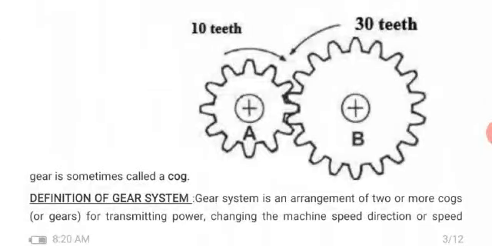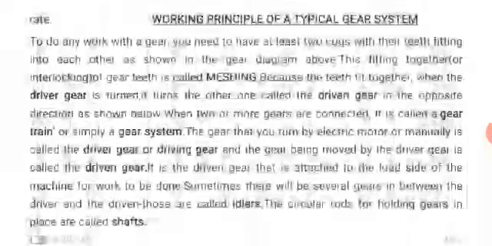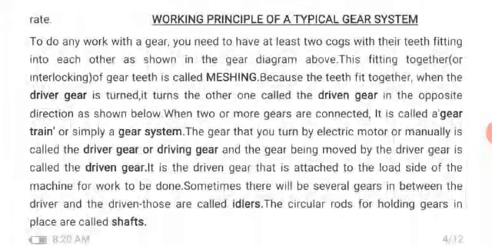Gear system is an arrangement of two or more cogs or gears for transmitting power, changing the machine speed, direction, or speed rate. So we can use gear system to do about three things. Not only for transmitting power, you can also use it for changing the speed direction of a machine, and you can also use it to increase or decrease the speed rate of a machine.